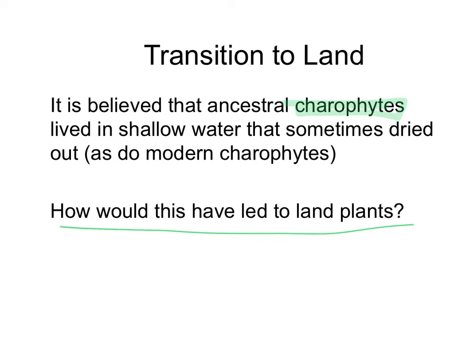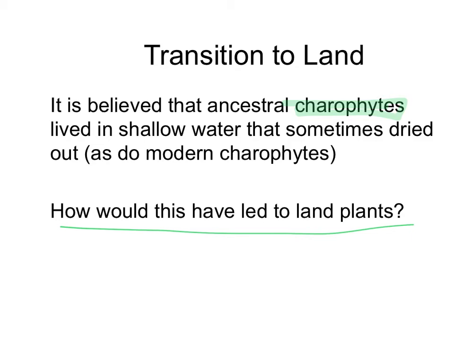Okay, hopefully you paused the video and have come to some sort of idea. Now, what researchers believe to have happened is that some of these ancestral charophytes, or green algae, over time acquired the ability to survive droughts for longer periods of time. And so if certain organisms are able to survive droughts, then they're going to survive and be able to reproduce.